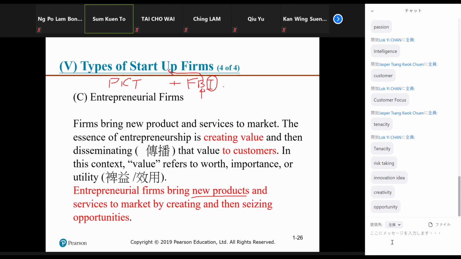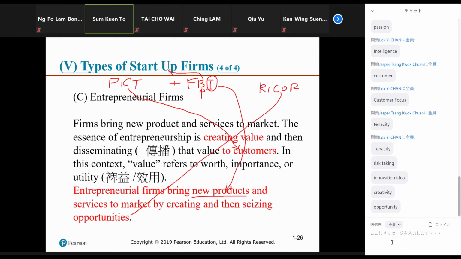And then because you have a new idea and a creative product, the way you start your firm is an entrepreneurial firm, especially as you try to be customer focused. You try to catch the opportunity.